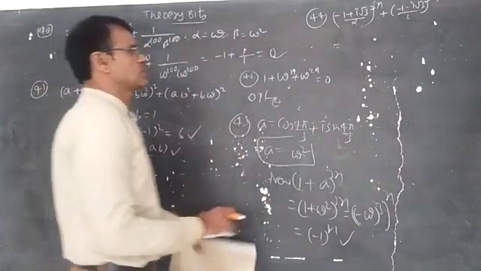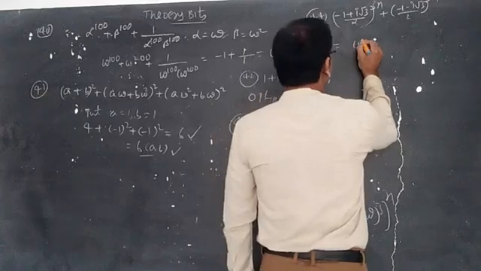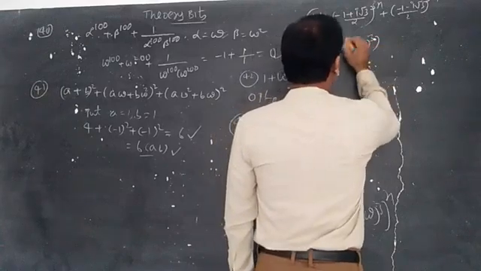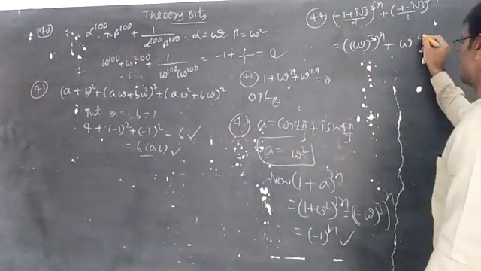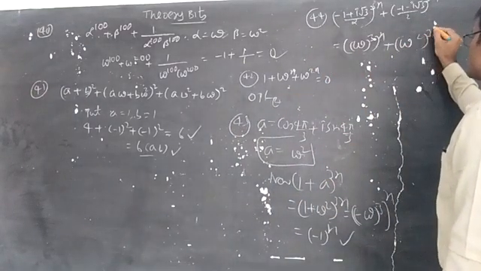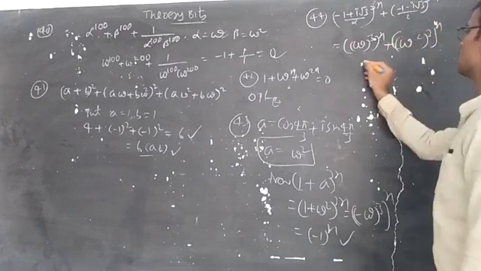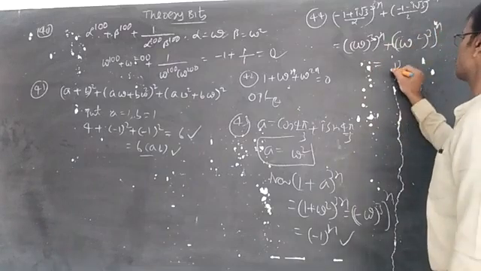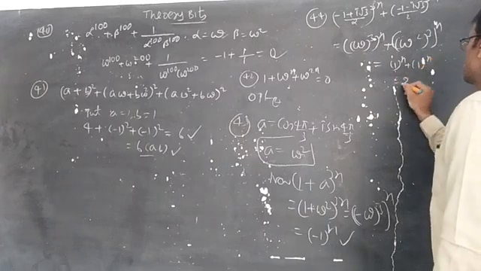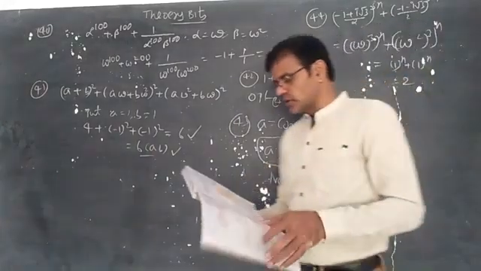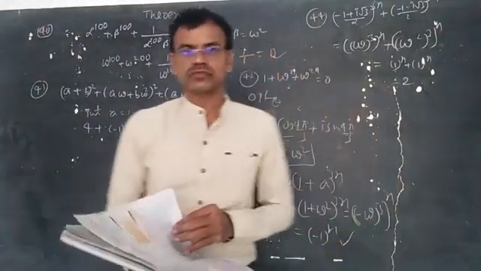So minus 1 plus i root 3 by 2 becomes omega, so it is omega power 3 power n. Minus 1 minus i root 3 by 2 is omega square, so omega square power 3 power n. Omega cube is equal to 1, so you can write this as 1 power n and this as 1 power n. 1 power anything is 1, so the answer is 2.